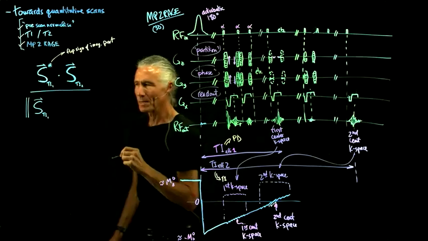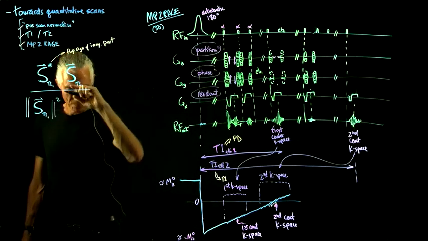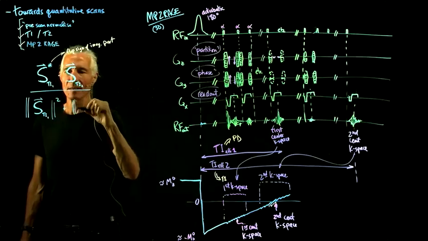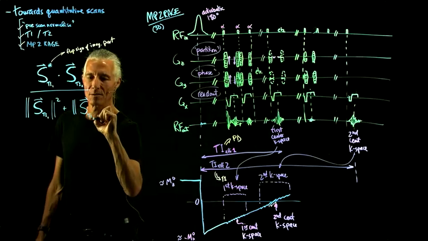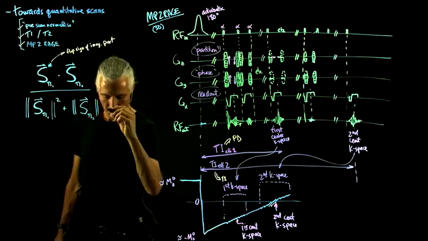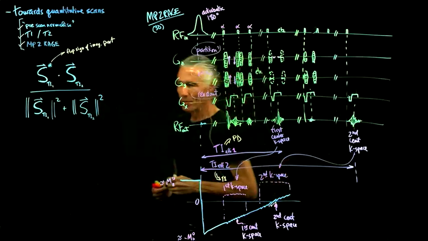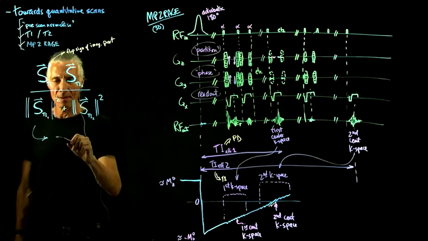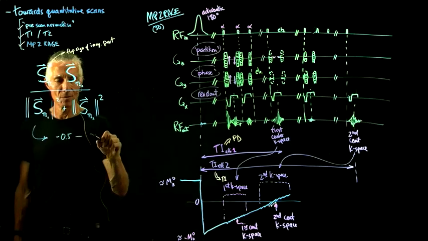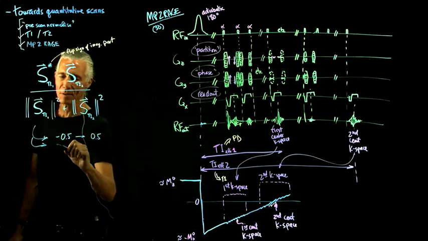I'm putting the vector there to mean it's the complex value squared. If you do that, you can work it out, you'll end up with a number that goes from minus 0.5 to 0.5, and you can convert that to T1.